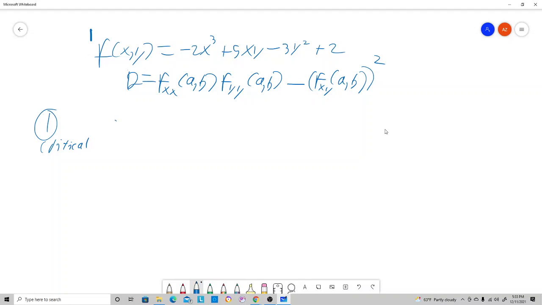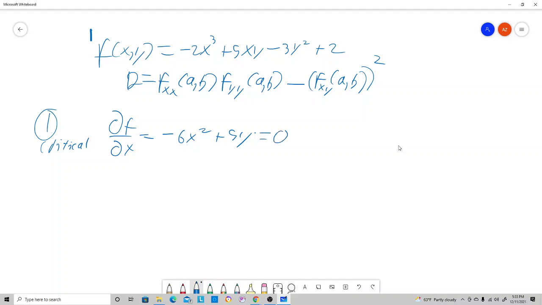So if we take the partial of f with respect to x, for this function we get negative 6x squared plus 5y. Then we can set it equal to 0.